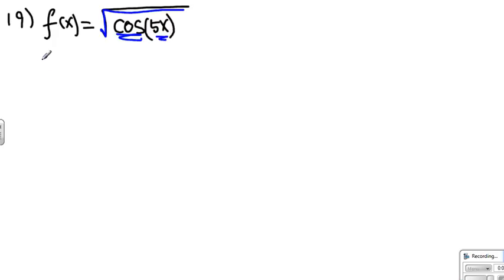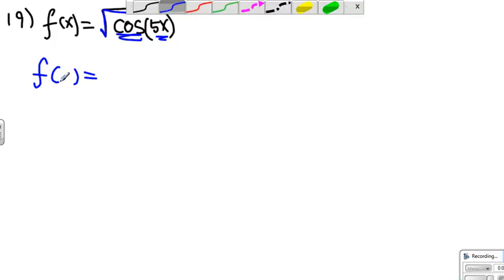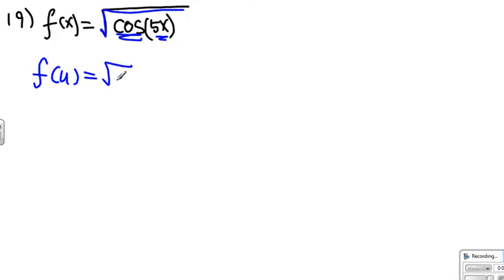So here we could have f of u equal to square root of u, where u is equal to cosine of k, and then we can say k is equal to 5x.